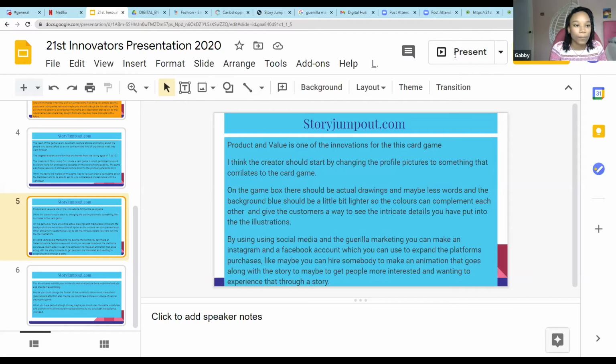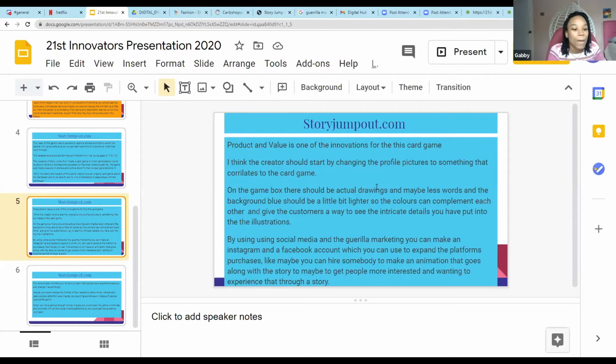And then I think the background blue should be a little bit lighter, so all the details and colors can complement each other. So that's what I have.